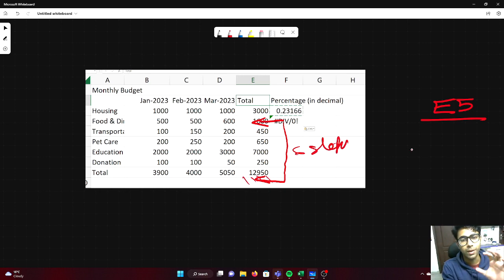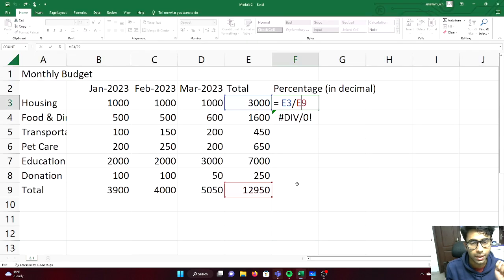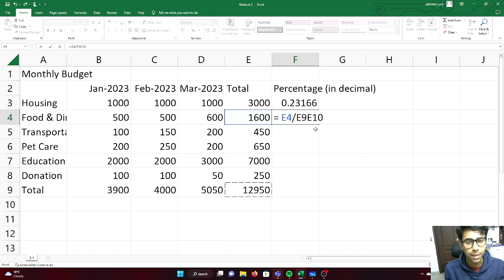When we divide any number by empty, that is null, that is 0, we get a division error. So this is what has happened here. Instead of E9, I'm using E10, because I'm going 6 steps down by using the concept of relative cell referencing. But I don't want this to happen.